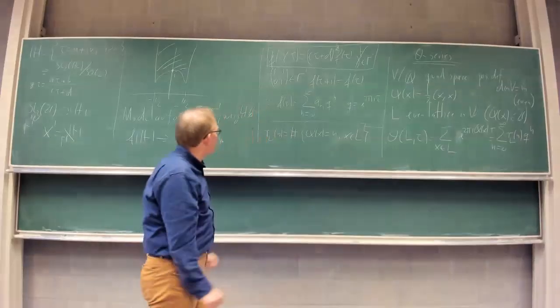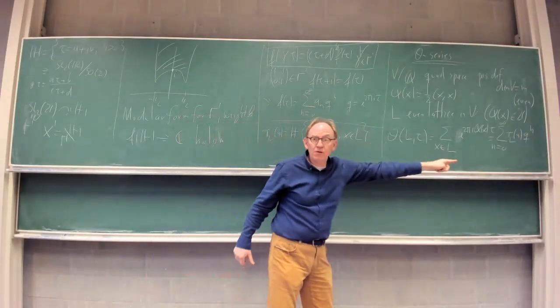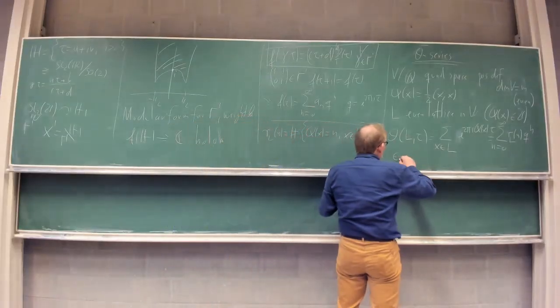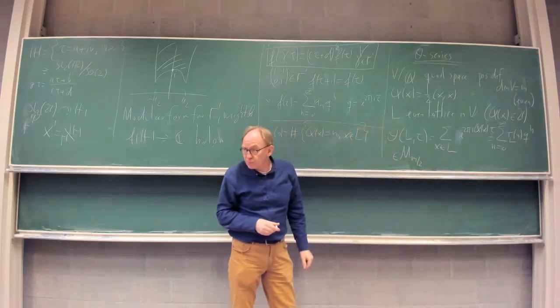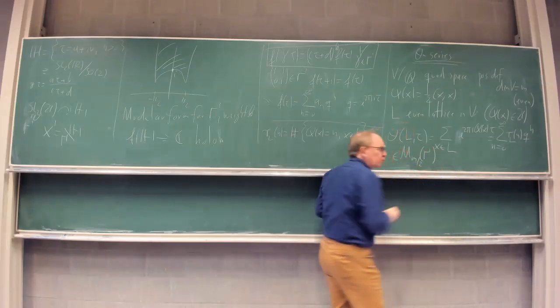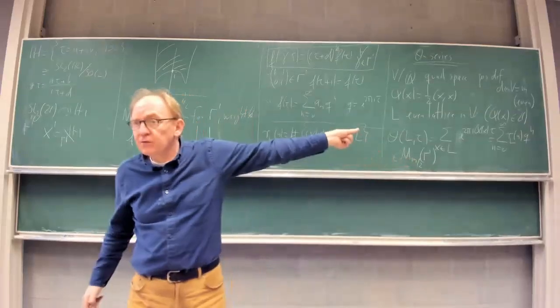And you form your generating series, and what did I say? Whenever you have a generating series, you want it to be modular, and it is true. This is a modular form of weight m over 2 for some congruence subgroup, which I won't specify in this context.